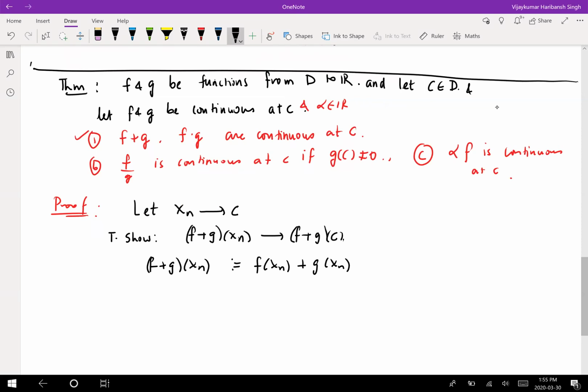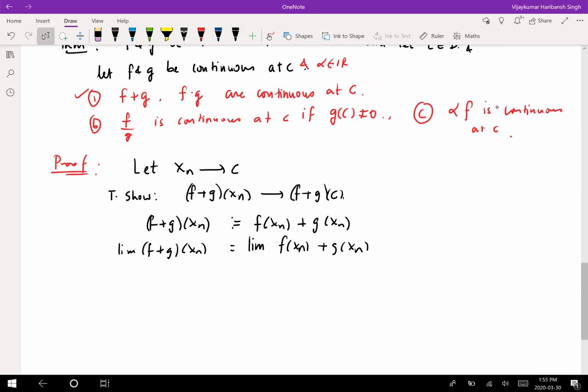Now, therefore, limit of f plus g of xn is basically going to be limit of f of xn plus g of xn, right? But now limit properties are as follows. If you have Sn and Tn, then limit of Sn plus Tn is limit Sn plus limit Tn. So this is going to be limit of f of xn plus limit of g of xn.